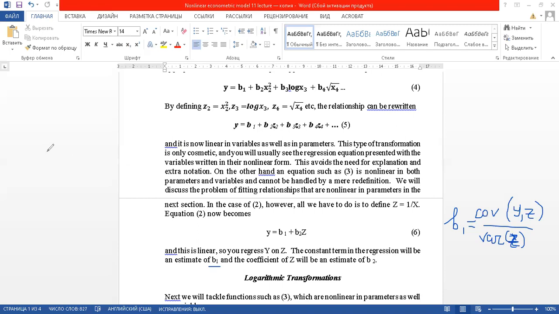So, the next method of estimating parameters of nonlinear regression is logarithmic transformation.